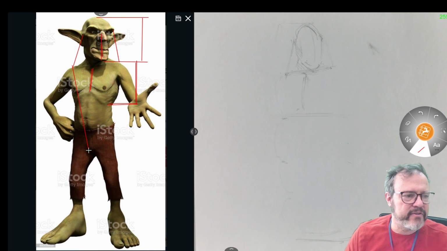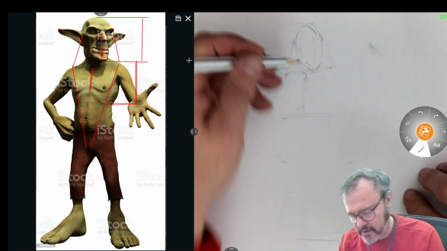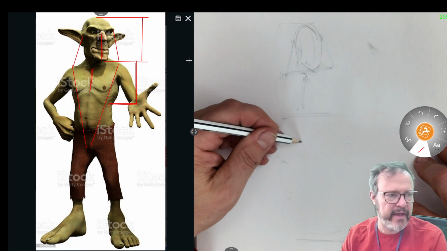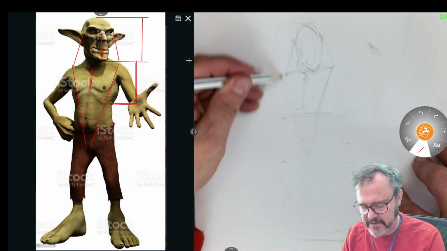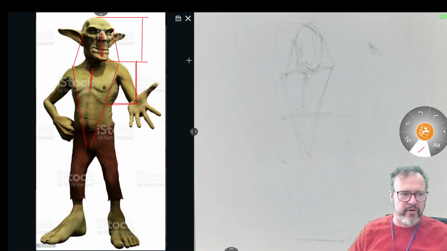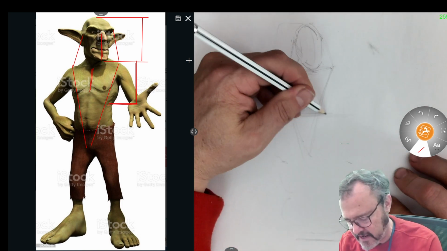So we learned a construction method of going from the points of the shoulders to the pubic arch. We could try that, but notice that because the rib cage is turned, it's not going to fit inside that triangle.